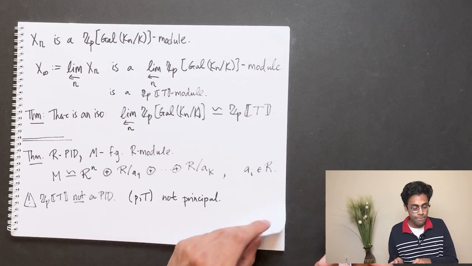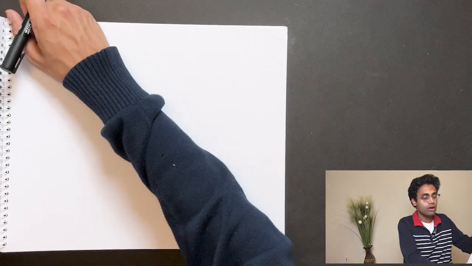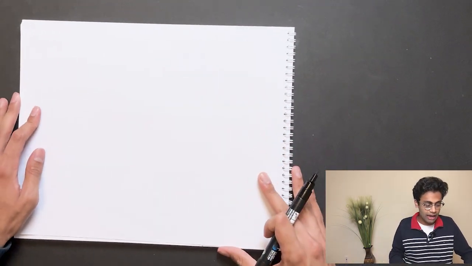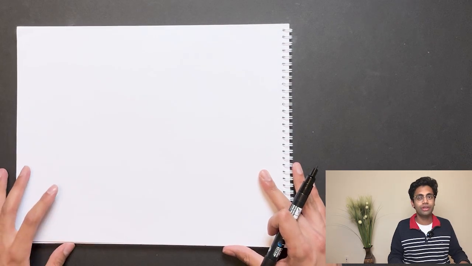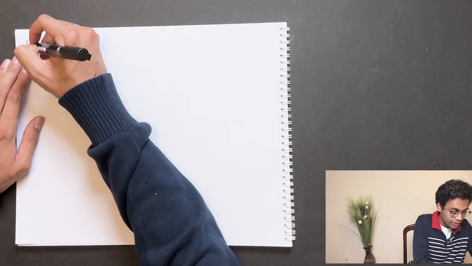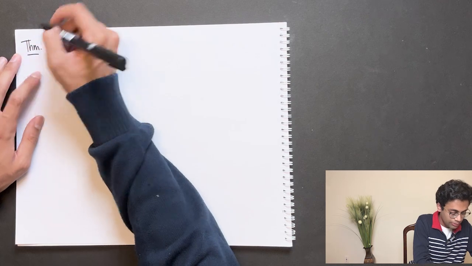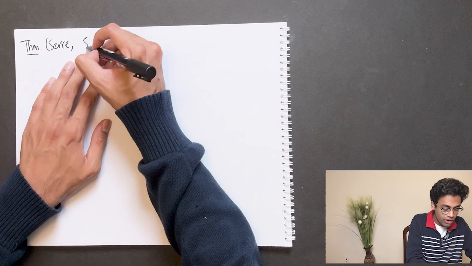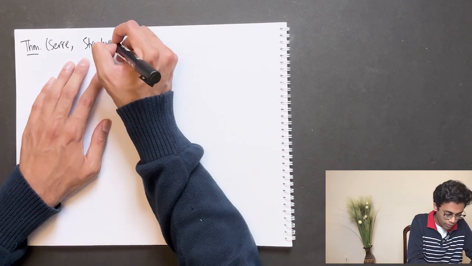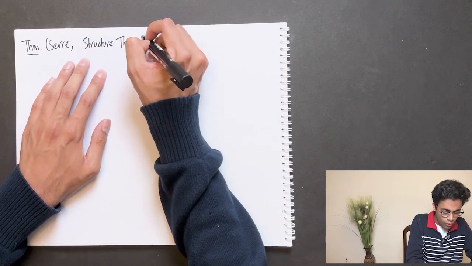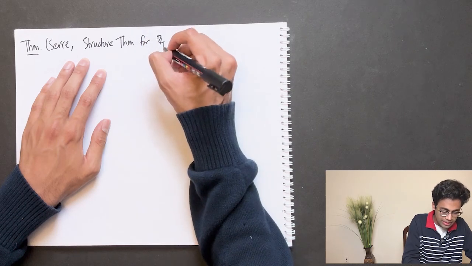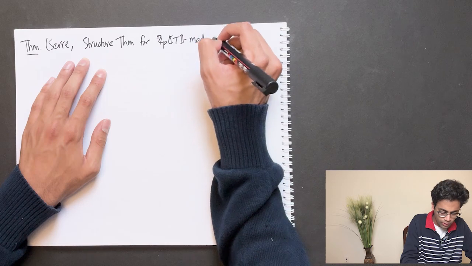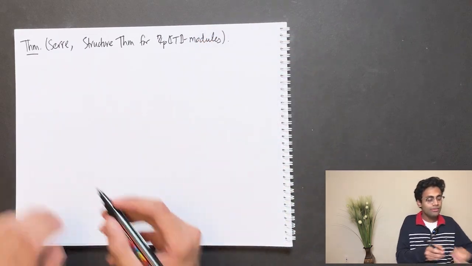However, there's a very nice result due to Serre, which says that even though it's not a PID, there is a decomposition theorem that's highly analogous that we can use. This is often called the structure theorem for Z_p double bracket T modules. Okay, so here's what it says.